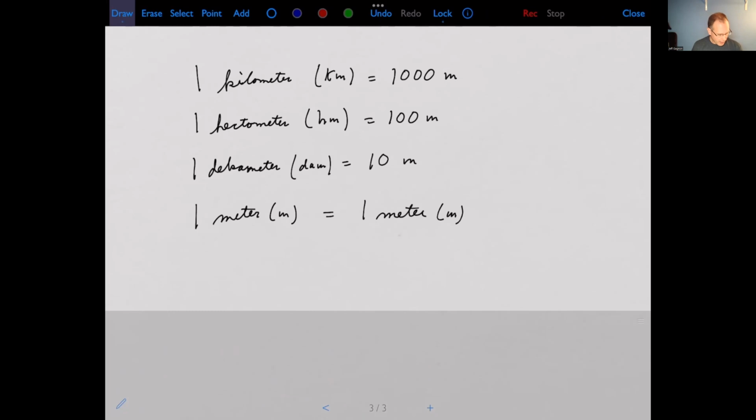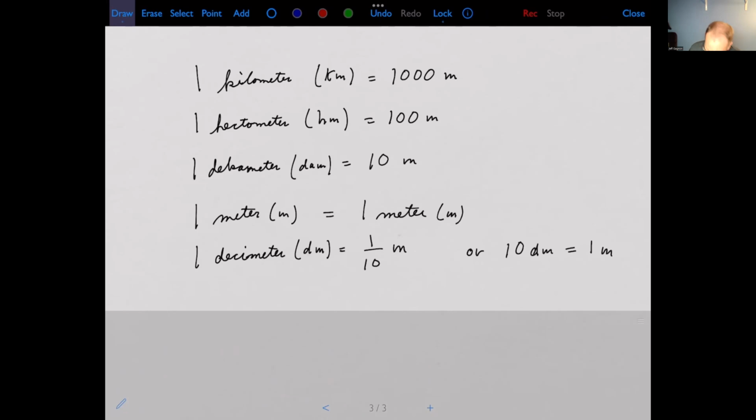Now going the other way, if I want 1/10 of a meter, that's called a decimeter. That is just abbreviated as dm. So that'd be 1/10 of a meter. Or another way of saying this, you could say there's 10 decimeters in 1 meter.